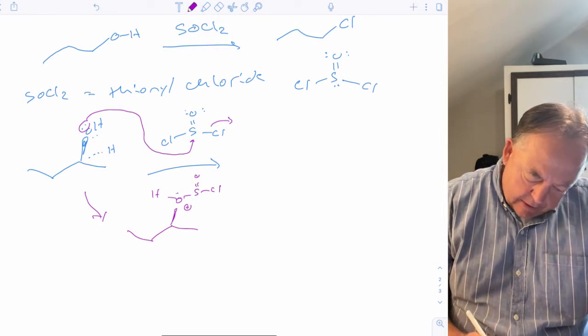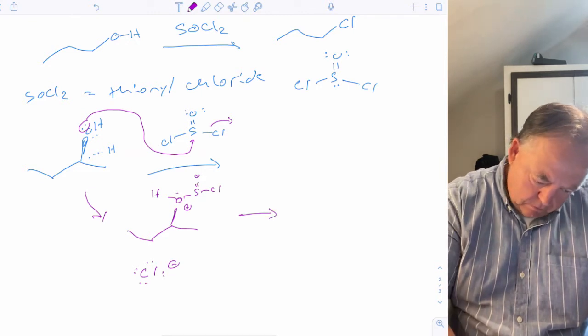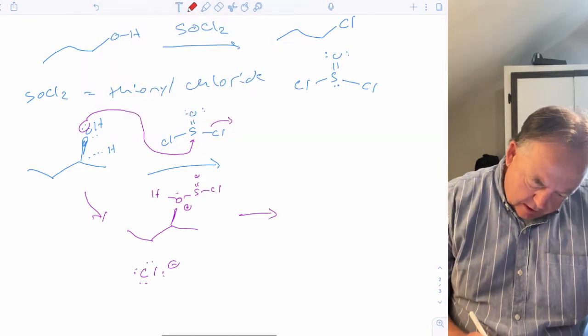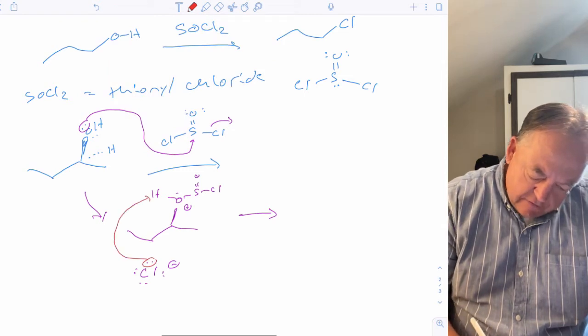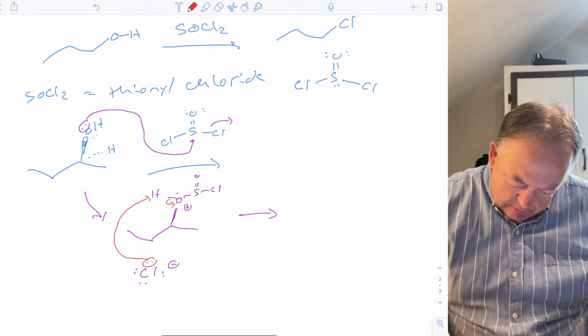And that Cl minus that just left can take the hydrogen off of the alcohol. So now you have another lone pair on the oxygen.